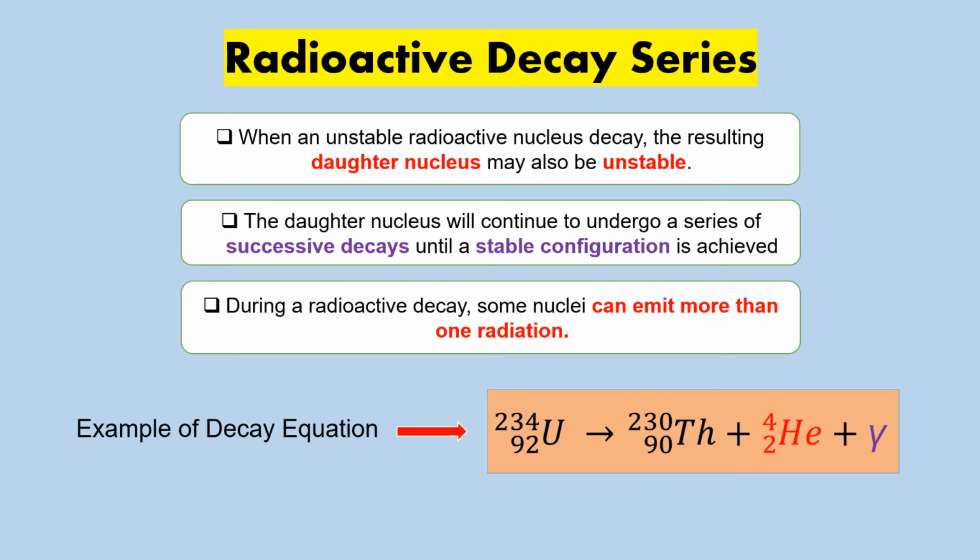It also produces helium, which is an alpha particle, and at the same time, it will also produce gamma ray. So here, in this series, the unstable nucleus will produce more than one radiation, which is alpha particle and gamma ray.